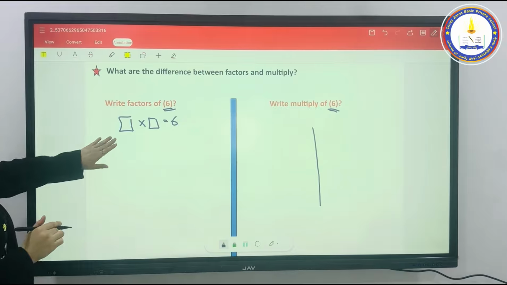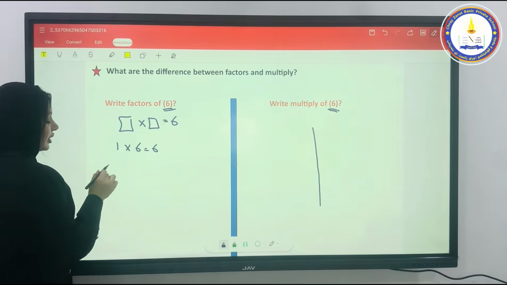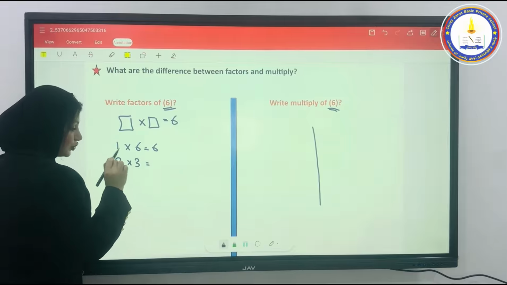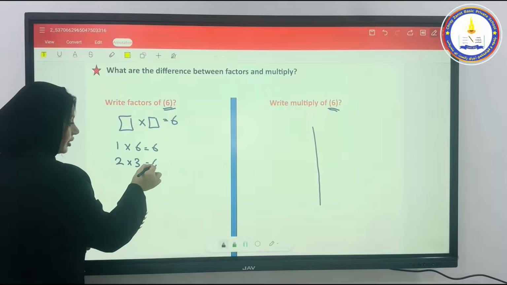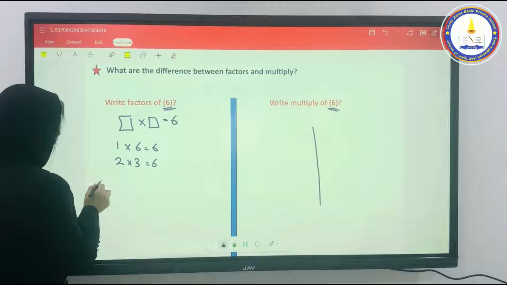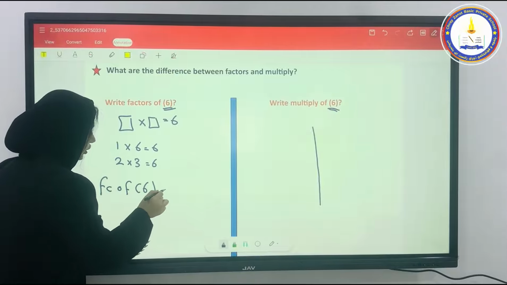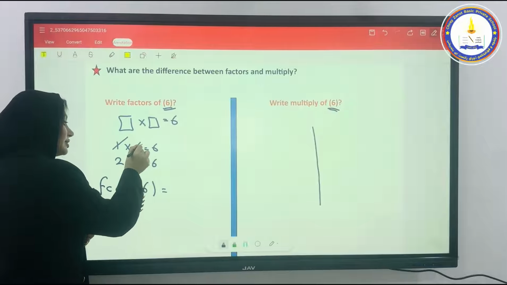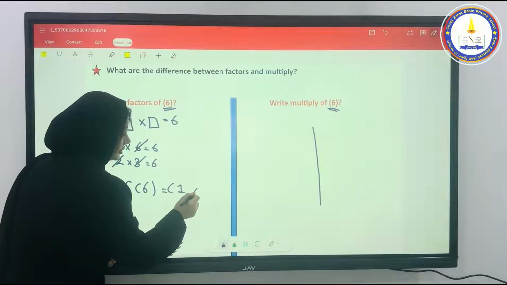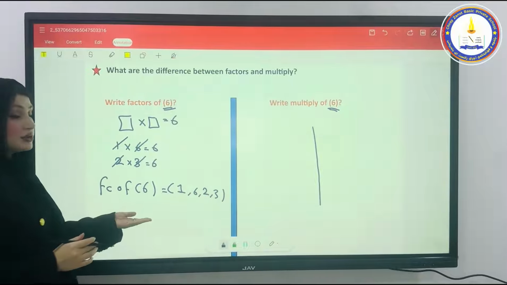Again, 1 times 6 equals 6, and then 2 times 3 or 3 times 2, no matter, equals 6. Do you have any more? No, of course we don't. So factors of 6, teacher, equal 1, 6, 2, 3.